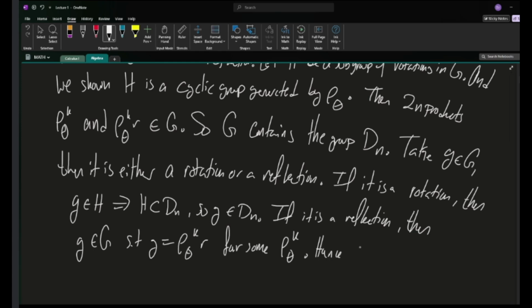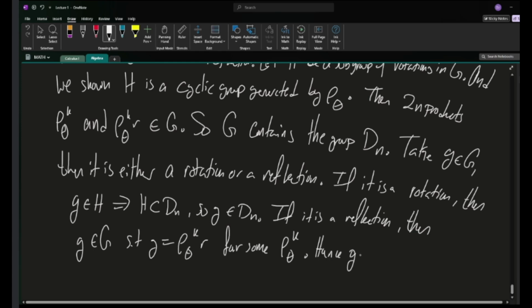Hence, G is in the dihedral group again.